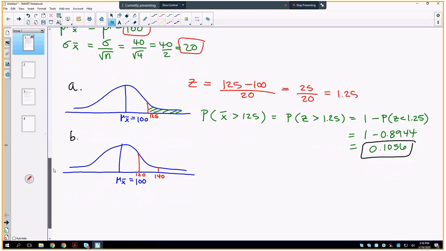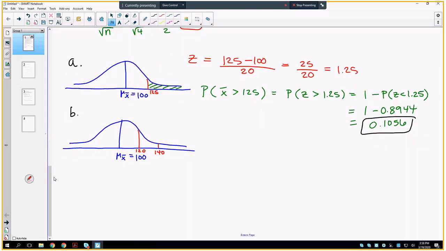Both 120 and 140 are higher than our mean of 100, but I'm looking for just the small area in between. And we know from experience that that means we need to take the probability that 120 is less than x bar is less than 140.